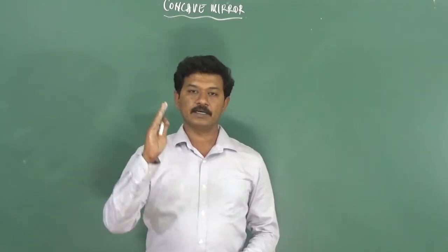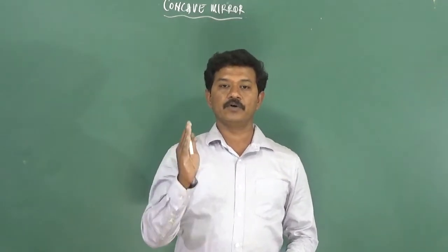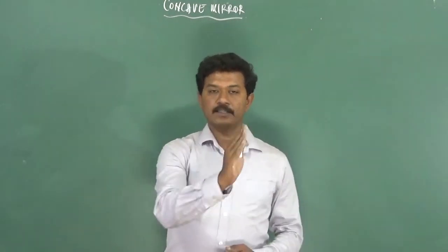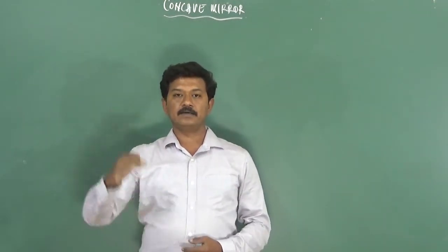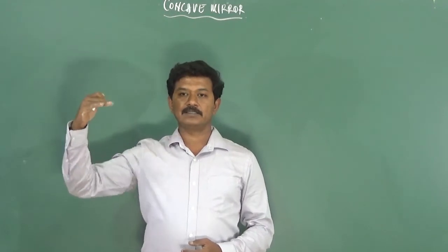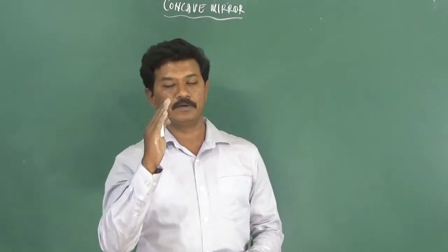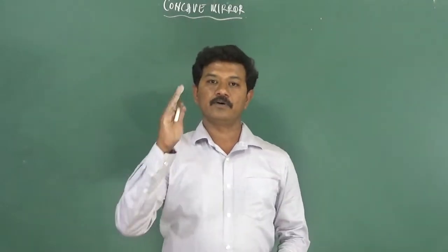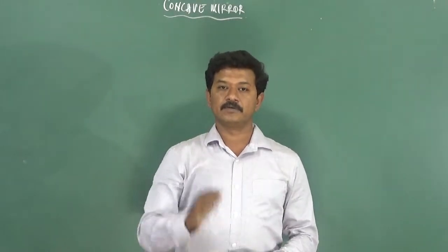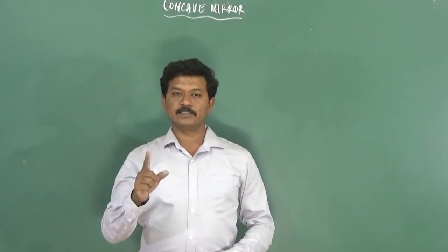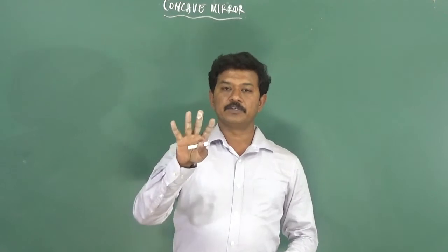For each and every ray diagram, what you have to observe is where the object is placed, where the image is formed, the size of the image, and the nature of the image. I will repeat this: to analyze a ray diagram, 4 observations are required.